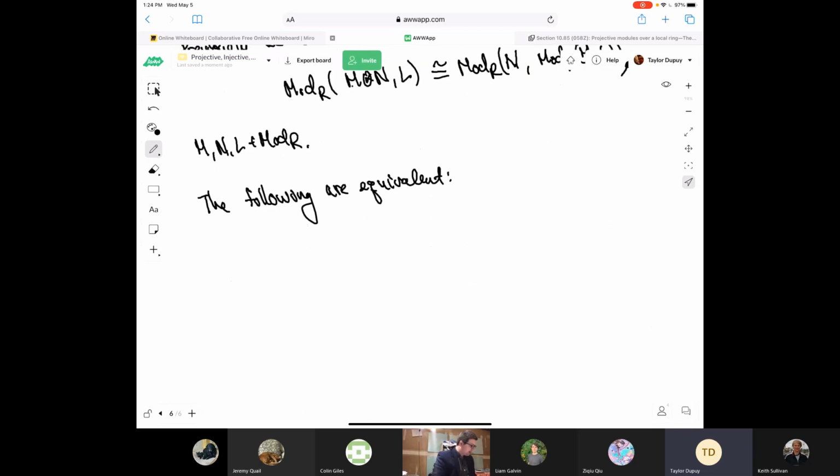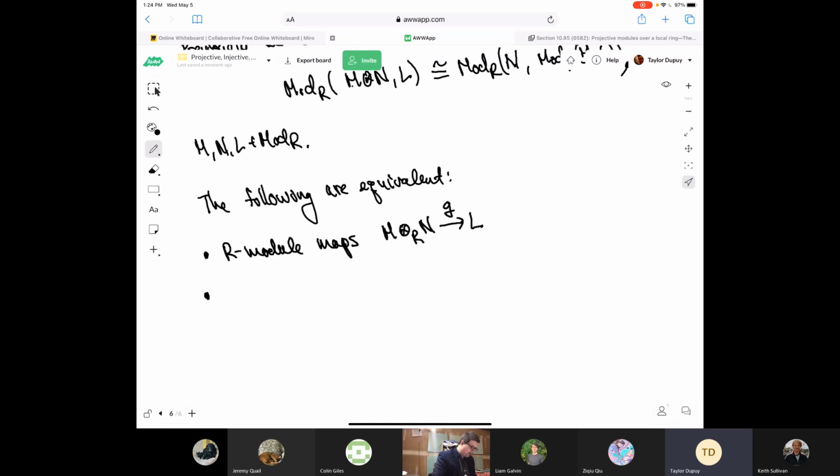First, R-module maps from M tensor_R N to L; we'll call this g.